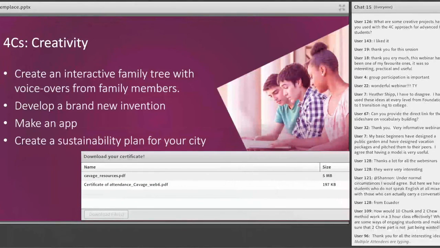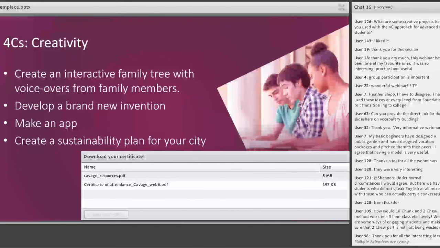Thank you. Creating a sustainability plan for your city is something I used in my advanced class a couple of years ago, where they had to have something that was written. They had to go out and take pictures. They had to give a presentation. Those are great for advanced level classes.